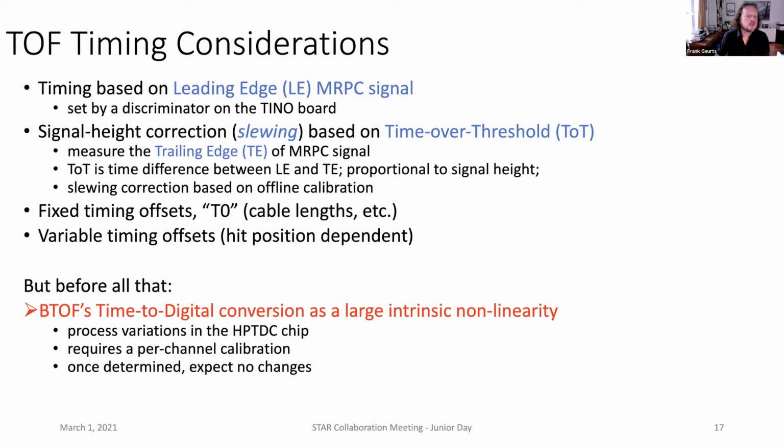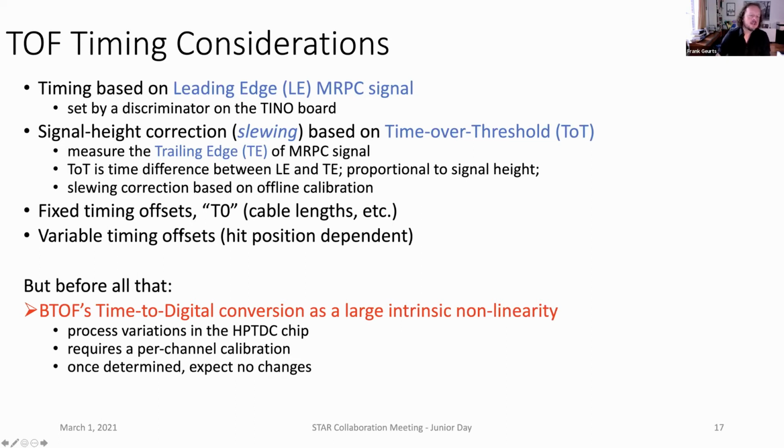That is important because we know that there is this signal height correction that needs to be applied. And instead of the ADC, we use this time over threshold to do that. So for every measurement of the MRPC, we actually register 2 time samples.